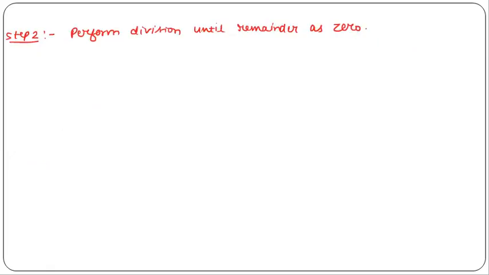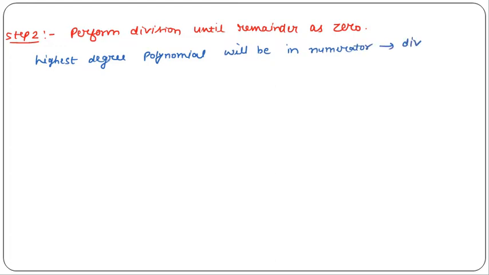So in step 2 we will also ensure that the highest degree polynomial, which is the denominator here, is in the numerator. And if it is in the numerator then it will become the dividend, and the other will be the divisor.